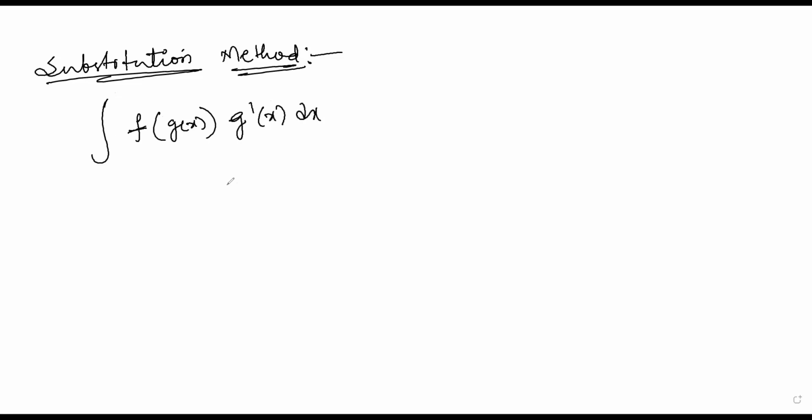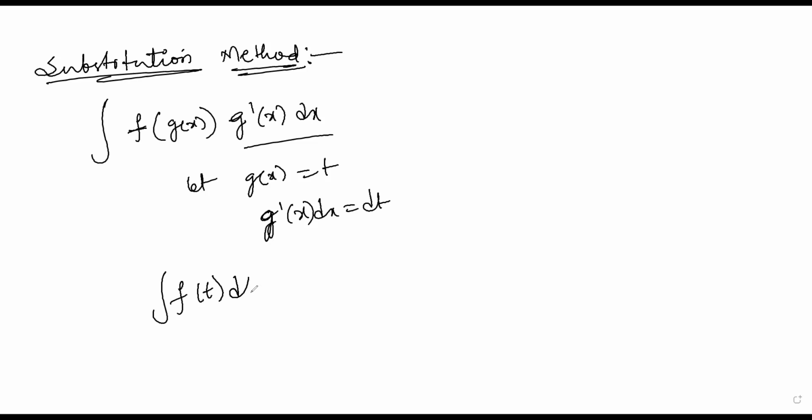It should be like this. Then what you do is take g of x as some t. Then g dash of x dx is dt. So integration of f of t dt. Then you integrate this function.